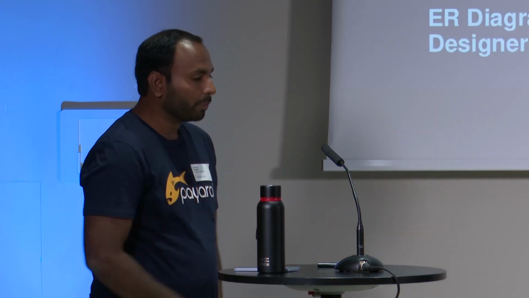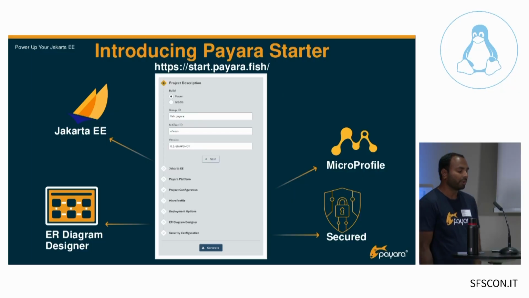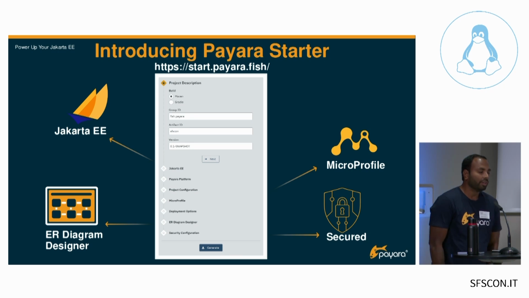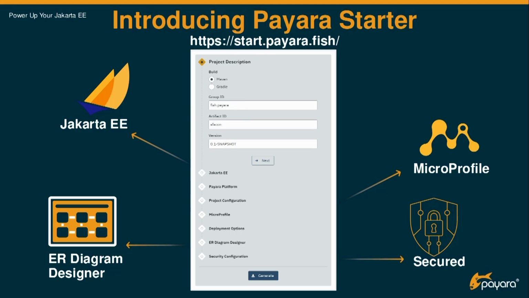The first tool I'm going to use, which is quite important for Jakarta developers, is Bayara Starter. Bayara Starter is designed to simplify the creation of Jakarta applications, optionally using an ER diagram. With the help of generative AI, Bayara Starter can automatically design the ER diagram and refine it.